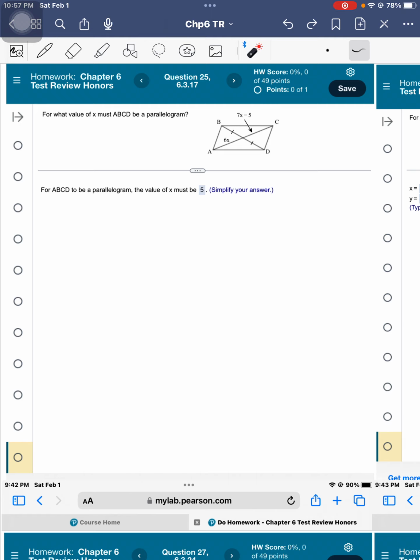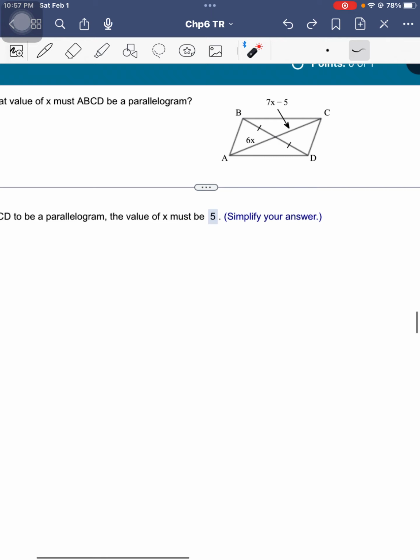For what value of x must ABCD be a parallelogram? Once again, we want to make the claim that this is a parallelogram. Well, in order for us to make that claim, the diagonals have to bisect each other. This CA is already bisecting BD because of the tick marks. So now we have to see what x has to be in order for BD to be bisecting AC.